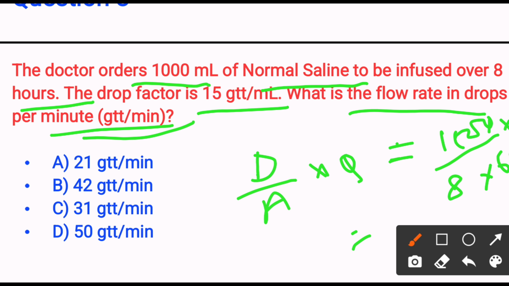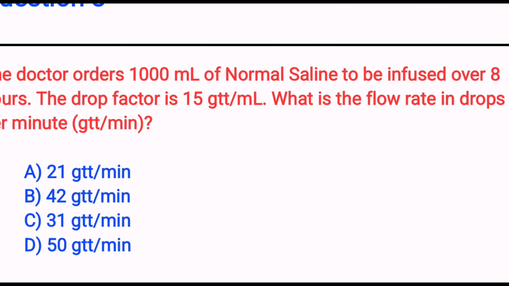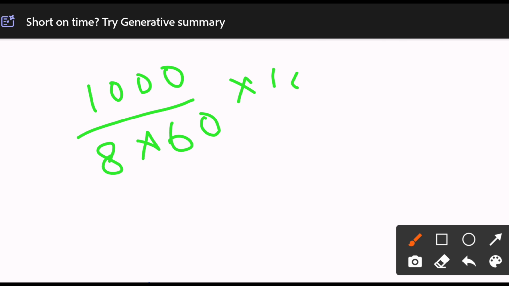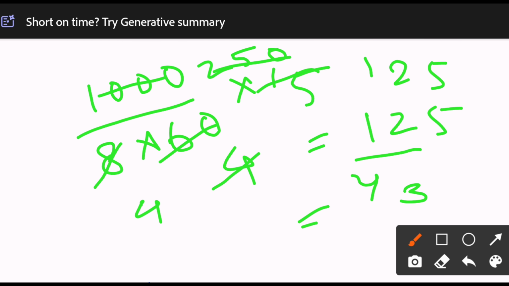Here we will do the calculation. 1000 by 8 into 60 into 15, which simplifies to 125 by 4, which is 31.25.